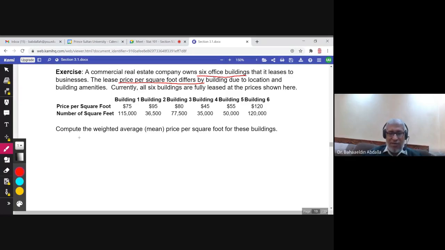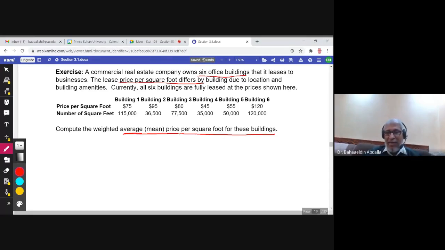If he asks you to compute the average, forget about weighted, the average or mean. Average or mean, that's exactly the same. Compute the average or mean price per square foot for these buildings. If this was the question, forget about weighted. What would be your answer?